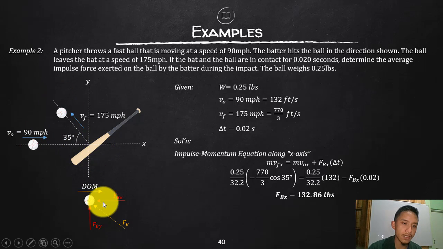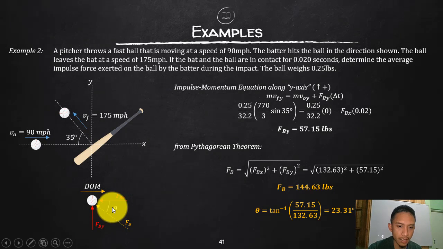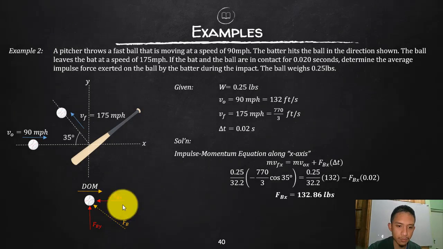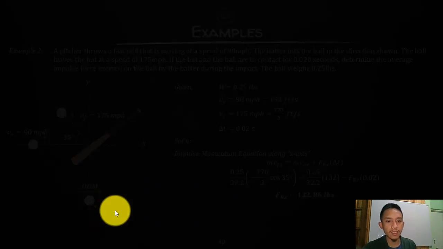But it is not given to be the same angle from the horizontal, so let's figure that out later on. What we know is that it is inclined, going to the left and going up. By the way, there should be a theta there. I forgot to put it in the first slide.